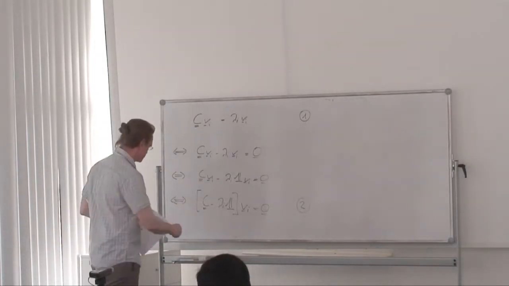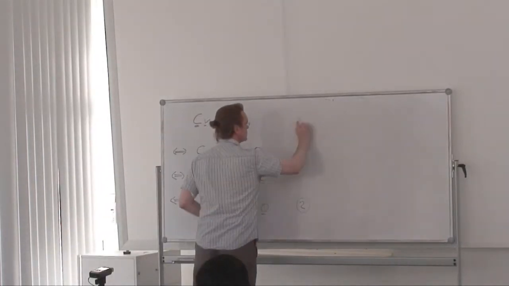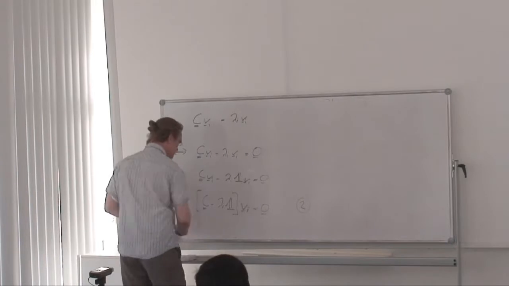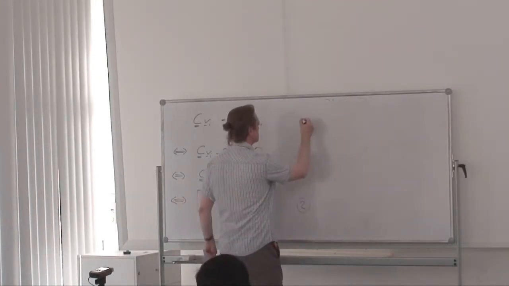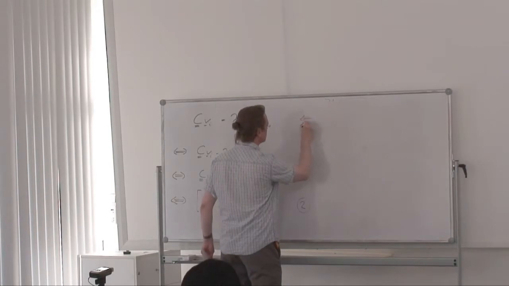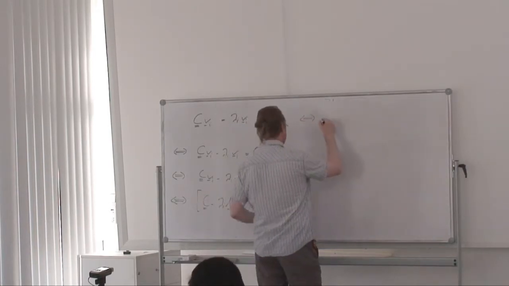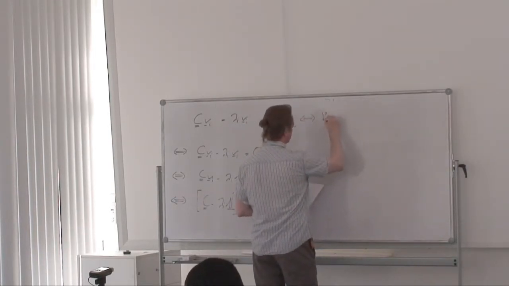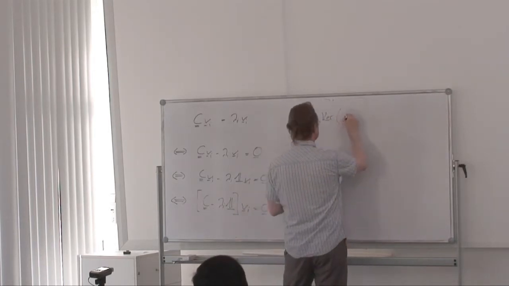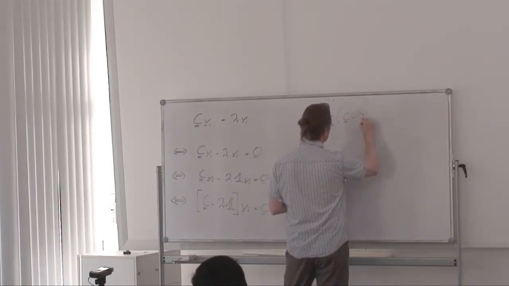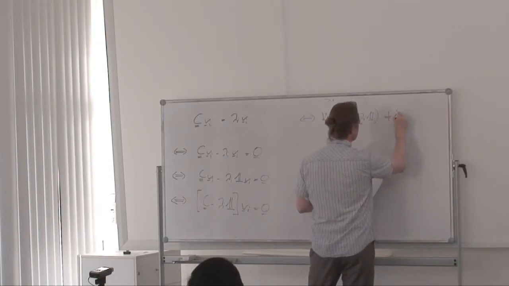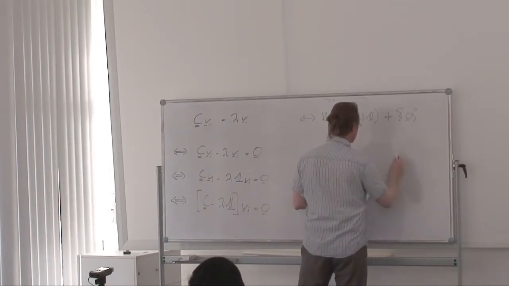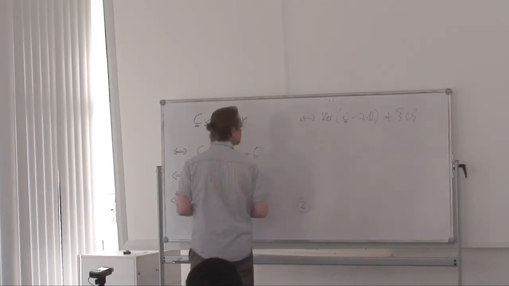And while we're at it, we can introduce some more terminology: the so-called kernel of this matrix C minus lambda I times 1 cannot be the set only containing the zero vector.